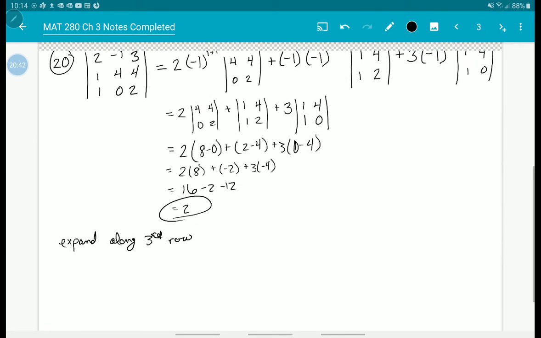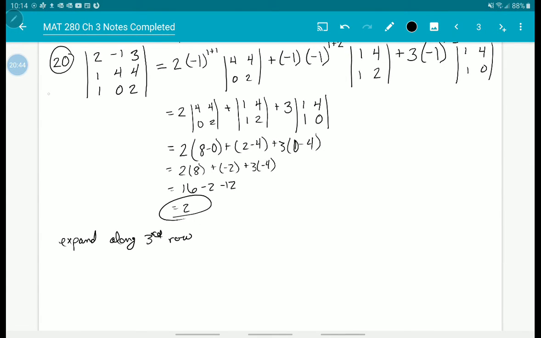So the algorithm works the same way. If I go along that third row, I'm taking out that third row, first column, they cross at 1. And this negative 1 to a power, that's the third row, first column. The minor that's left over is this. And then you move to that second entry, but what's nice about zeros is it's going to take everything out. Let's check this out. So there's your 0.